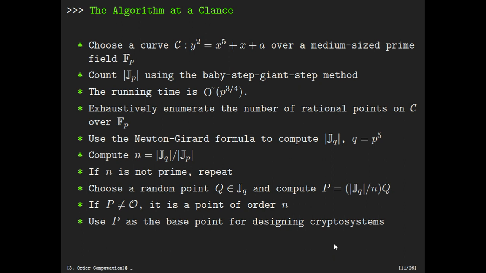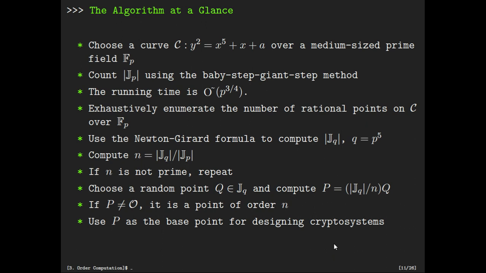Then we apply the Newton-Girard formula to compute the order of Jq. Now, after computing the order of Jq, we compute the cofactor n that is equal to Jq by Jp. This n is the order of our cryptographic group. Now, if n is not a prime, then we change the a and repeat the procedure.